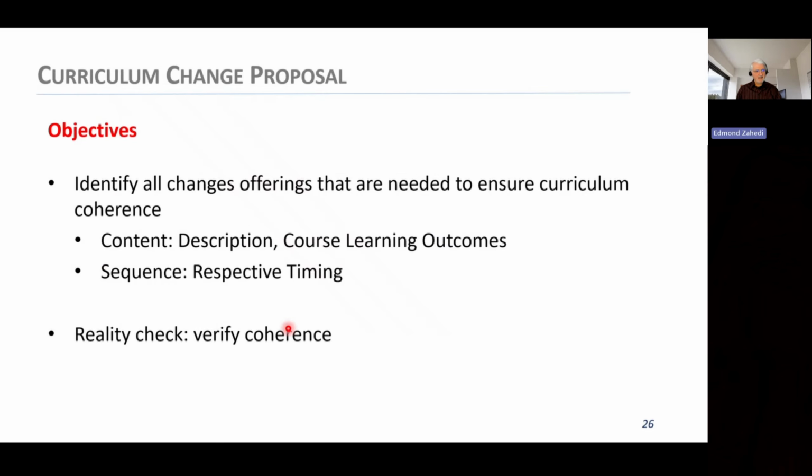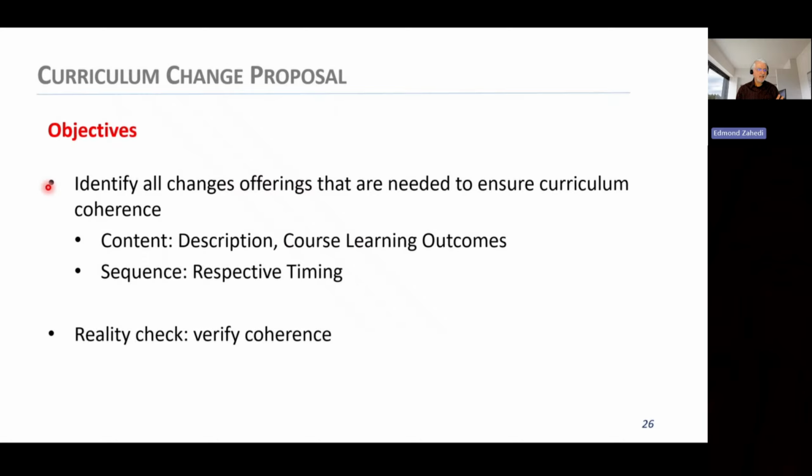What is it? Well, the objective is to identify all potential changes that the courses need to undergo to ensure curriculum coherence. And when we say coherence, it means that they are aligned with the PLOs, not a PLO super covered, and some PLOs poorly covered or not covered at all.